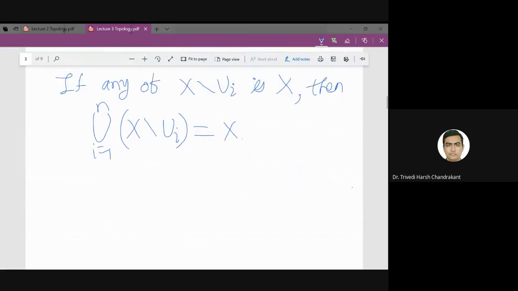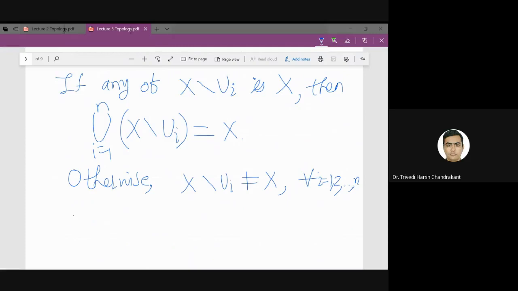On the other hand, otherwise, X minus ui is not equal to X for every i, i running from 1 to n, right? So that means what?